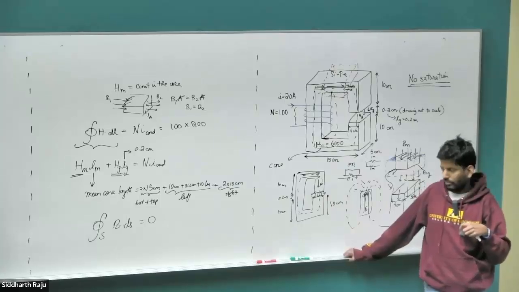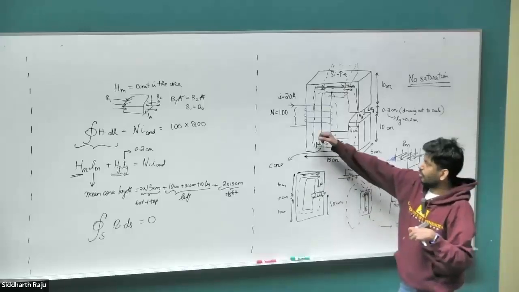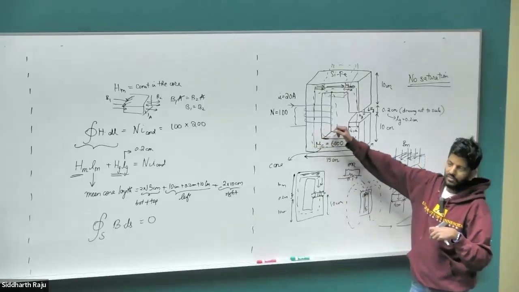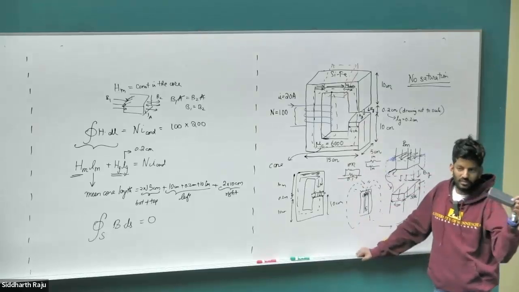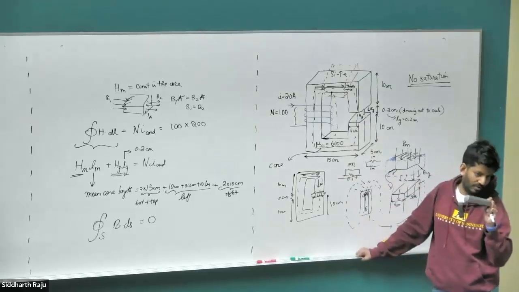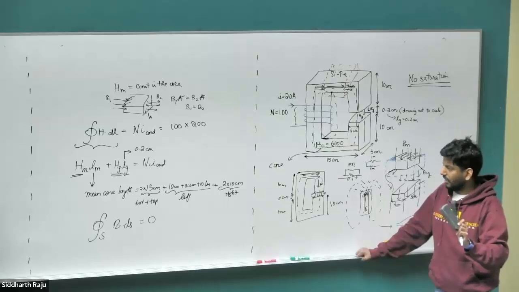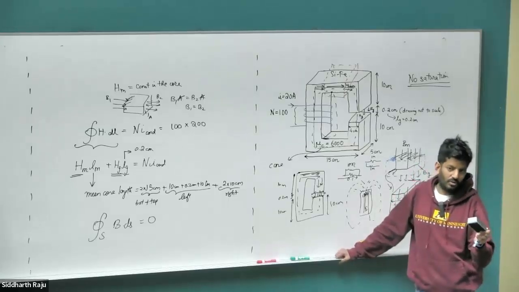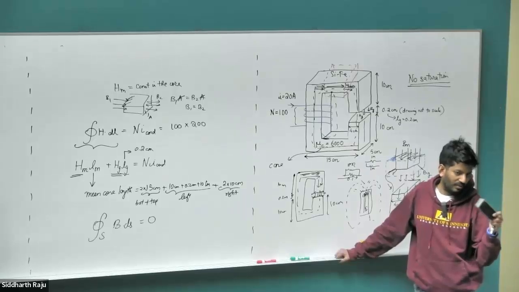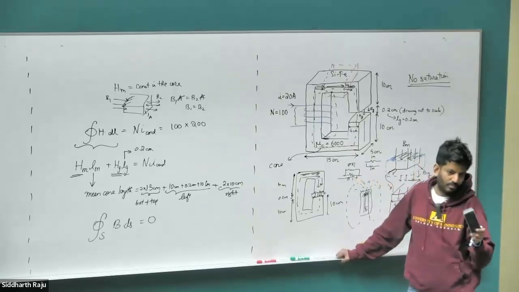Yep. So think of the core to be a wire and the air gap to be resistance. When you have a current carrying wire, the current is going to try to stick within the wire. Right? That analogy is slightly off, because in the case of a current carrying wire like copper, conductivity is on the order of 10 to the power 6. In this case, mu_r is on the order of 10 to the power 3.